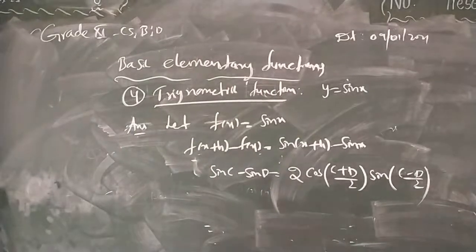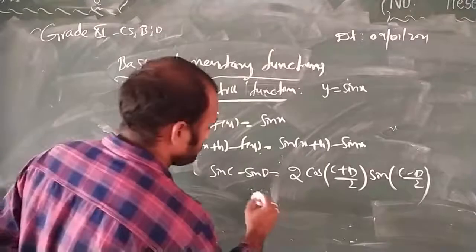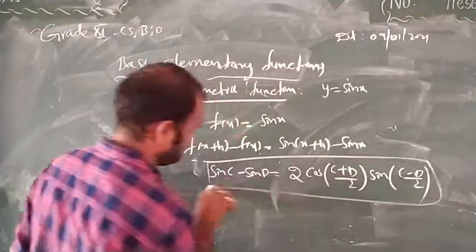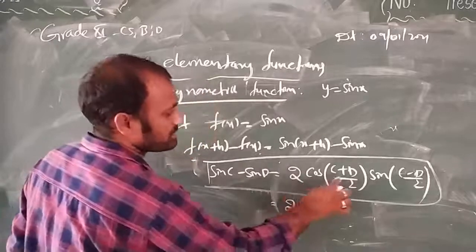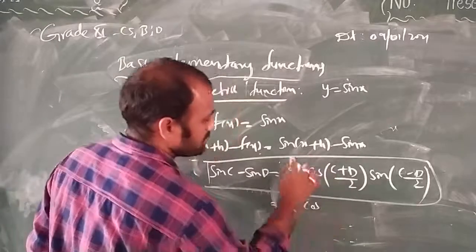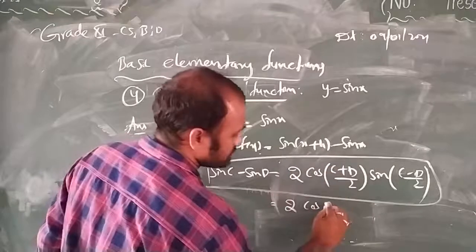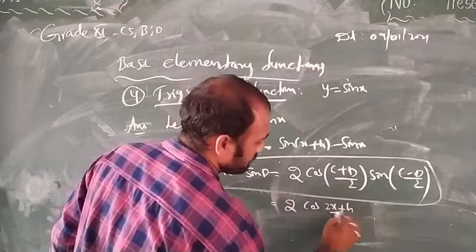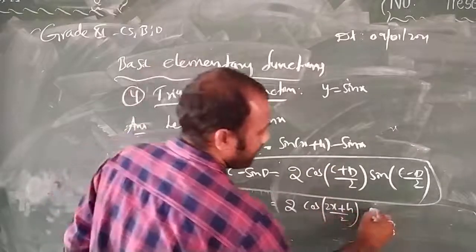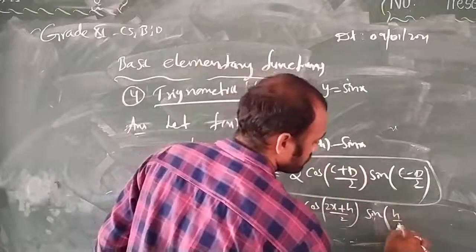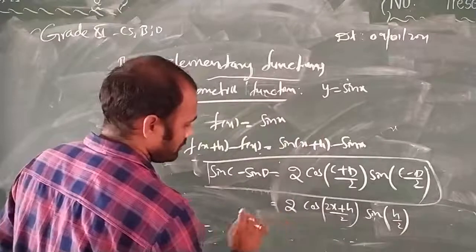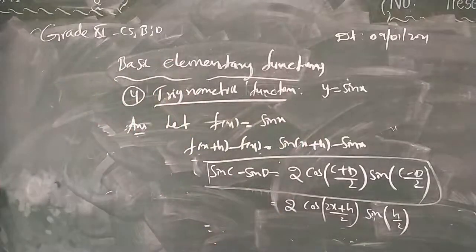We can substitute in this formula. Then we get 2 cos of c plus d by 2, that is x plus h plus x, 2x plus h by 2, sin of c minus d by 2, so x gets cancelled, h by 2. So this is the value of f of x plus h minus f of x.